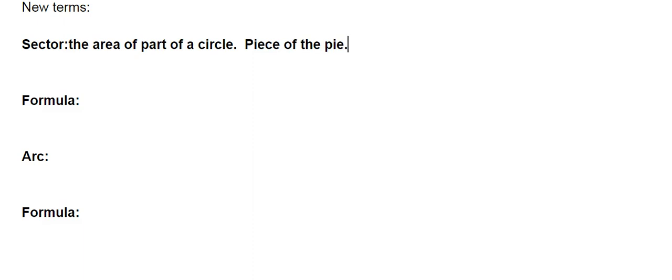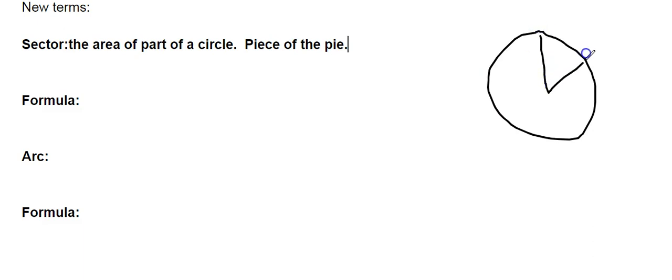So if I'm looking at an entire circle here, and I'm only looking for this chunk of it, that right there would be a sector. Think of it as a pie piece or a piece of pizza.